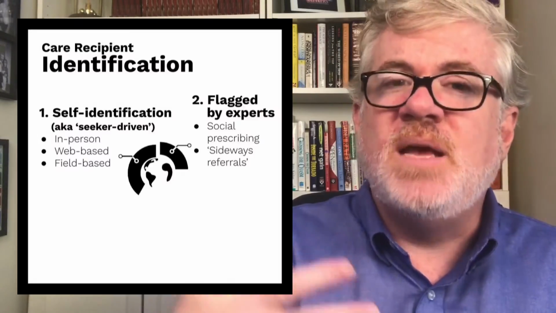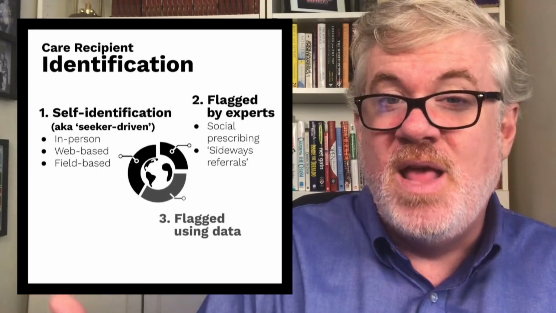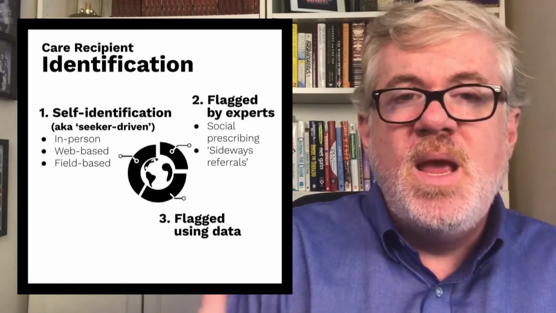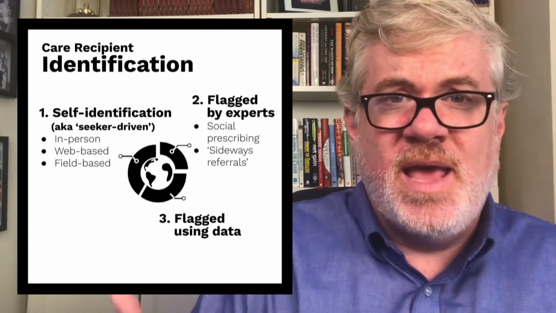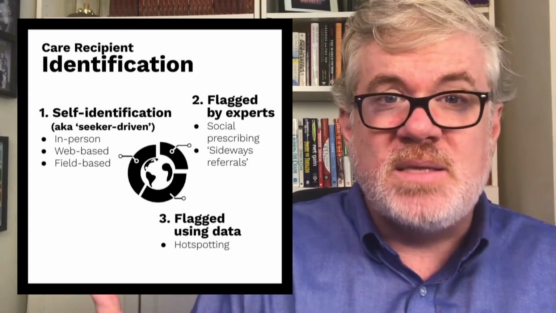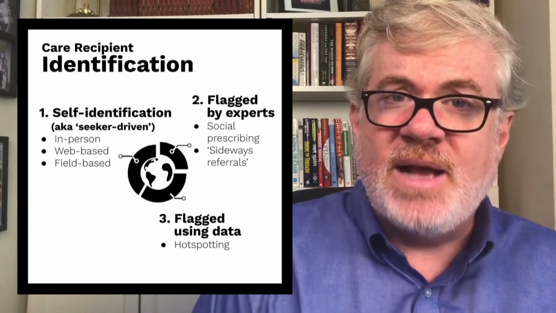The third way to get folks into these social intervention programs is through some kind of analysis or algorithm associated with external data that flags them for enrollment. Public health programs and analytics teams are getting very good at using data to uncover hotspots of individuals who may have a social need and then flagging them for further action.